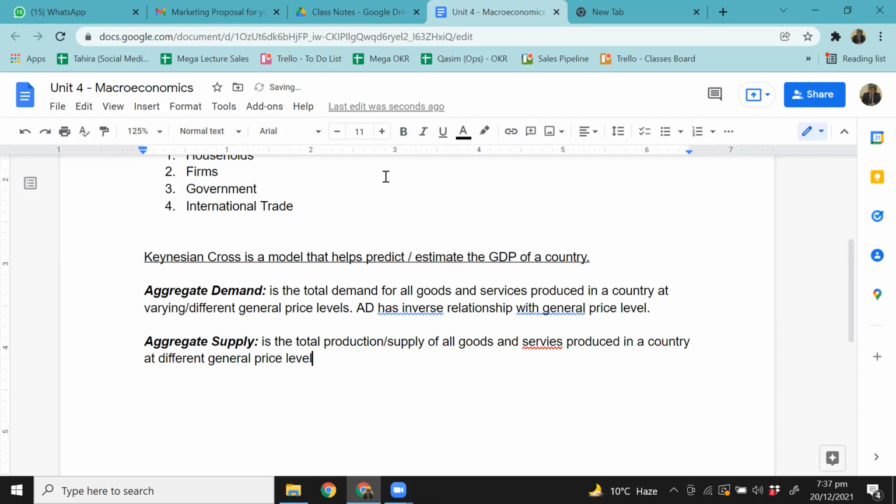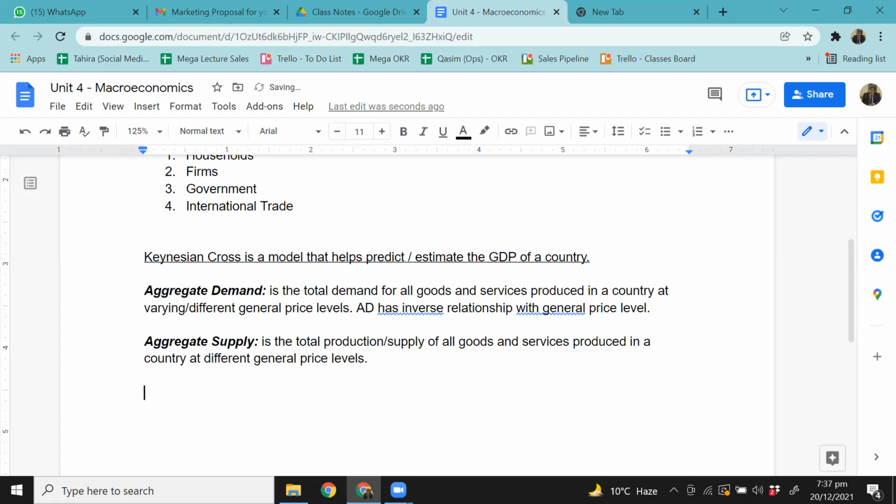Now, think about this. What is aggregate demand? Sorry, aggregate supply. It is the total production or supply of all goods and services produced in a country at different general price levels. So same thing we're talking about.